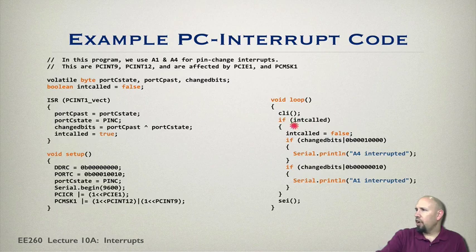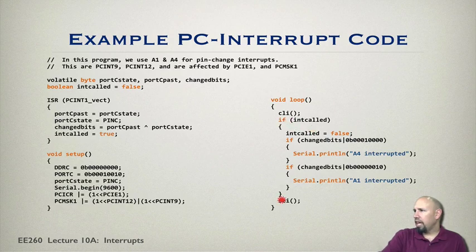So if int called, int called means that the interrupt service routine was called. Something triggered a call to the interrupt service routine. That can only happen if A4 or A1 changes state from 0 to 1 or 1 to 0.